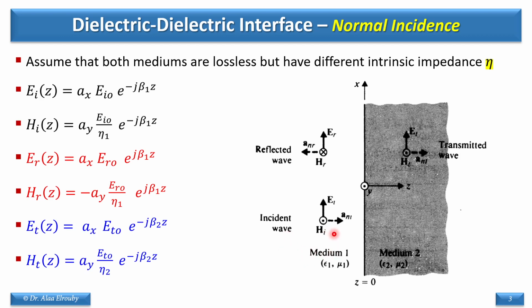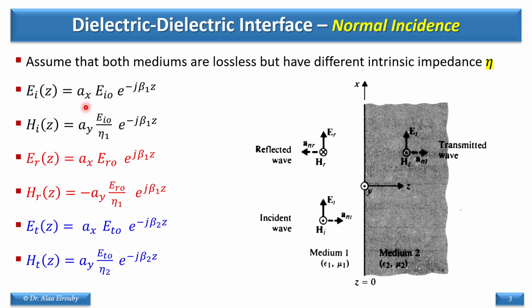So as I said, we have three kinds of waves here: incident, reflected, transmitted. The incident is propagating in the positive Z direction. For simplicity, we are taking the interface at Z equals 0. It can be at Z equal any value, but for simplicity, we're taking Z equals 0 at the interface. So E incident, we choose the electric field to be in the AX direction.